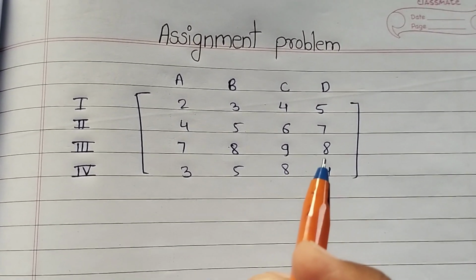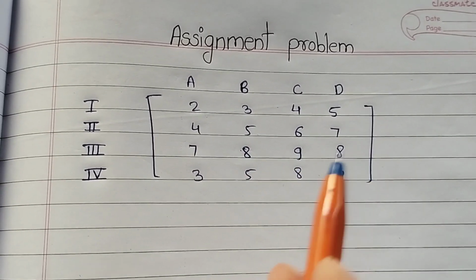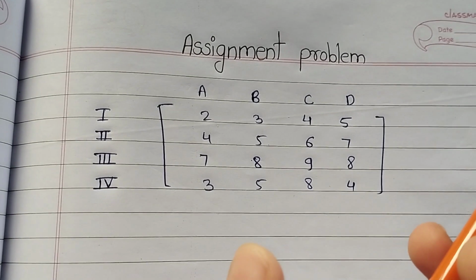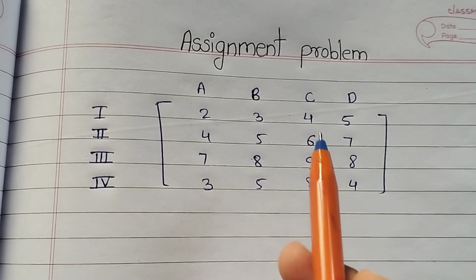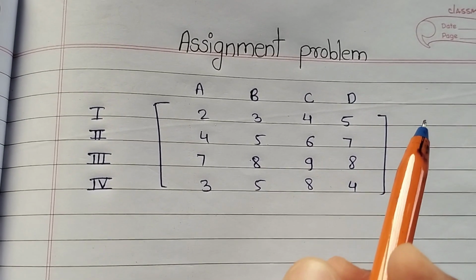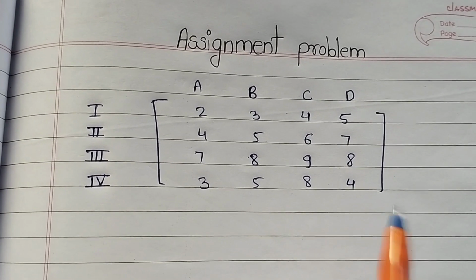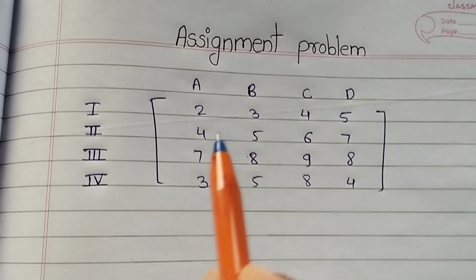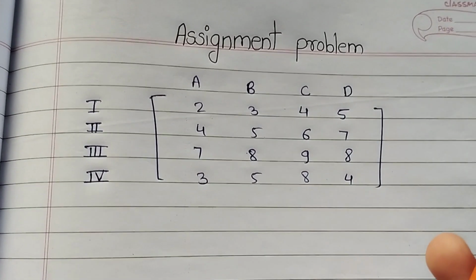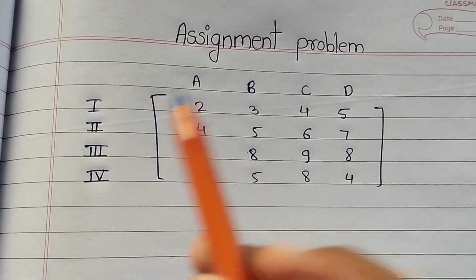There are two types of assignment problem. First is the balanced assignment problem and second is the unbalanced assignment problem. Balanced means when the number of tasks is equal to the number of facilities, then the assignment is called a balanced assignment problem. Obviously in this case the cost matrix, the given matrix, is a square matrix, meaning the number of tasks is equal to the number of facilities.